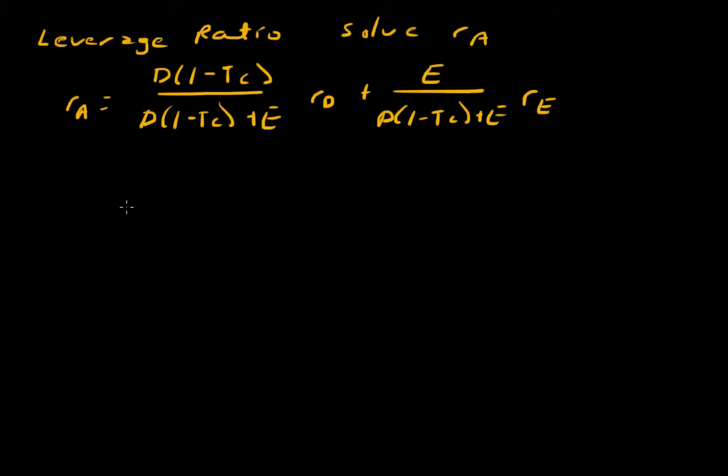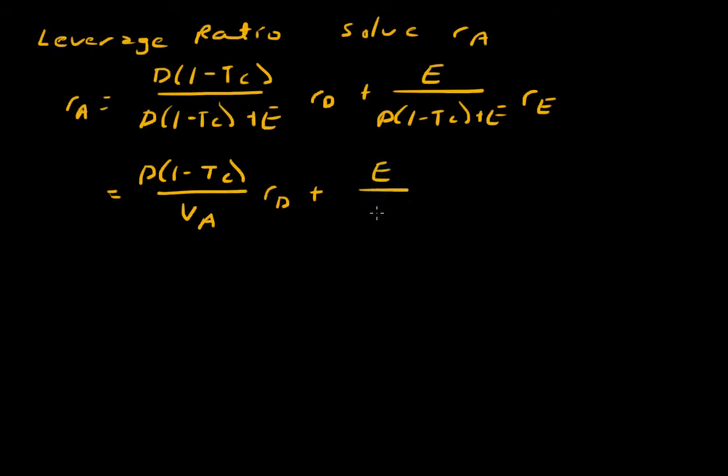And if that looks a little messy, or you're not seeing what's really happening, notice that this bottom term is really the value of assets. So we could simply rewrite this in this form too, depending on what is more useful for the problem or the kind of intuition you're looking for.